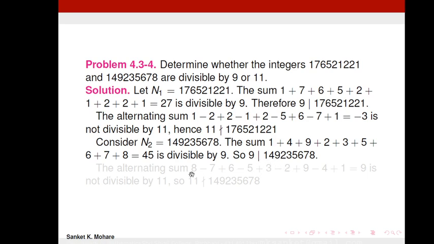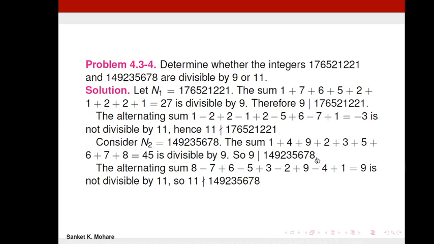Similarly, the alternating sum 8 - 7 + 6 - 5 + 3 - 2 + 9 - 4 + 1 is equal to 9. But 11 does not divide 9. That's why 11 does not divide the given integer.